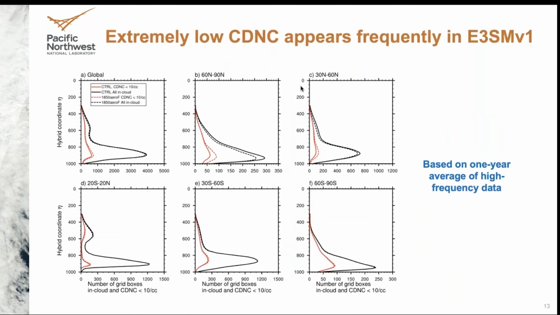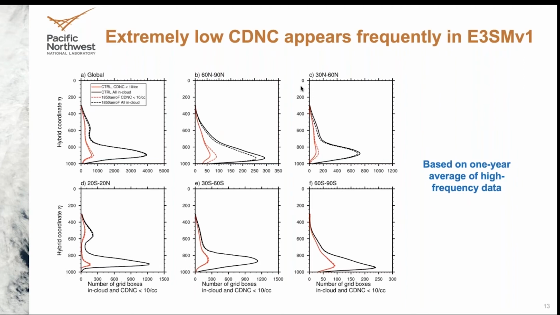Now I'm going to show one of the major changes we implemented in the model. The original idea was based on previous studies looking at the impact of the lower bound of CDNC on the aerosol forcing, and the other models indeed show that this works.